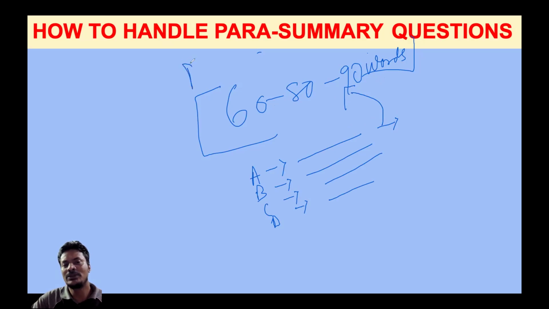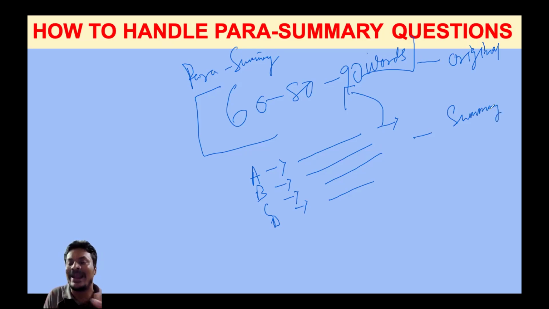When we talk about parasummary, this particular paragraph is the original paragraph, and we need to find the choice which will be the summary. Earlier we would write the summary, but here we need to choose the appropriate summary.